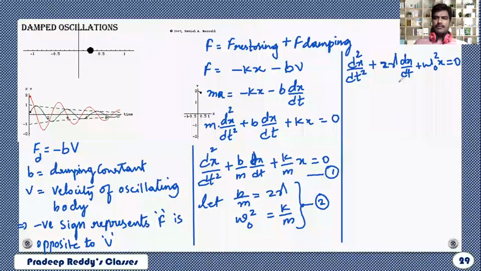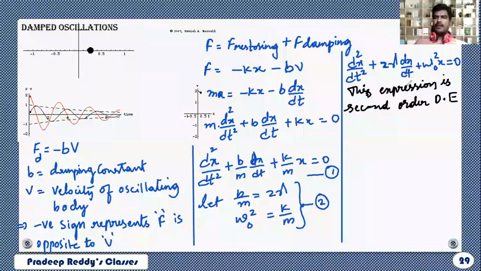If you observe this carefully, this expression is a second order differential equation, and it has a solution.